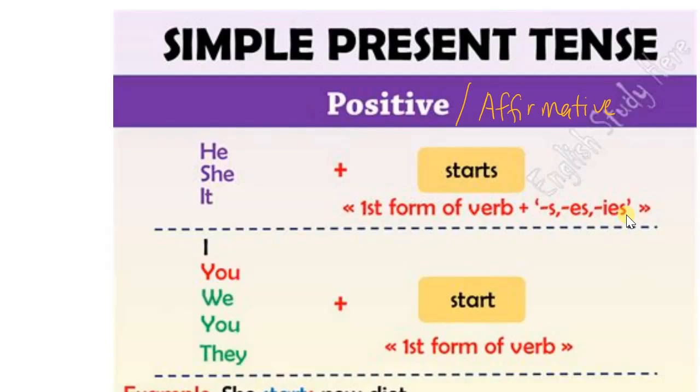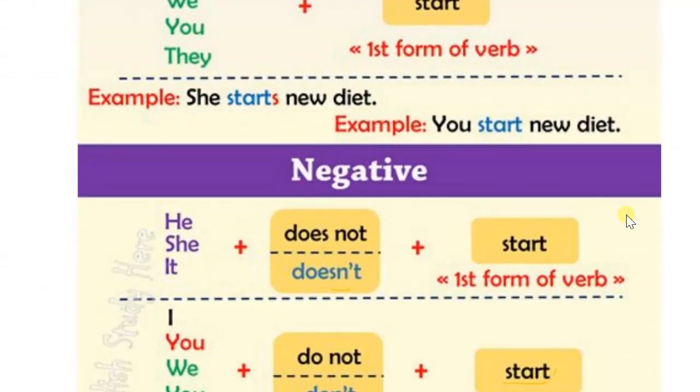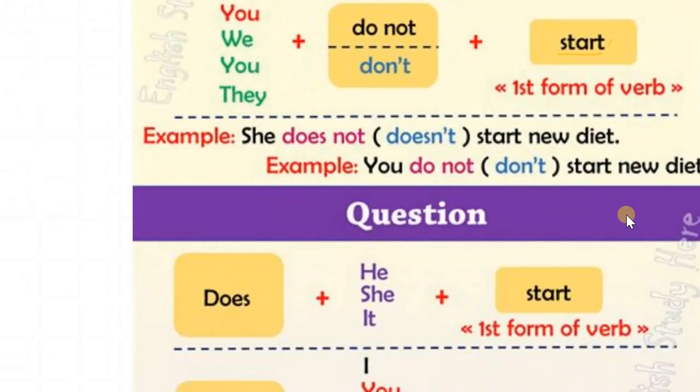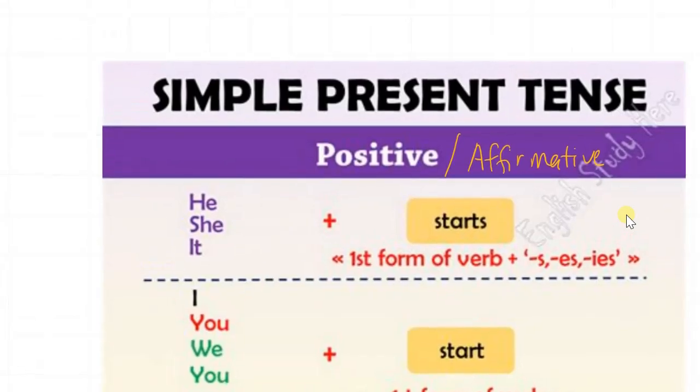As you all know, there are a few forms of simple present tense: the affirmative forms, negative forms, and also question forms. Let's go one by one. The positive form is also called affirmative. It will look like this.